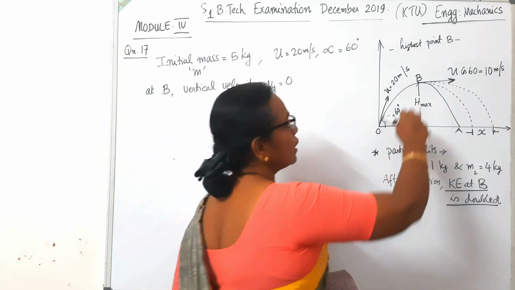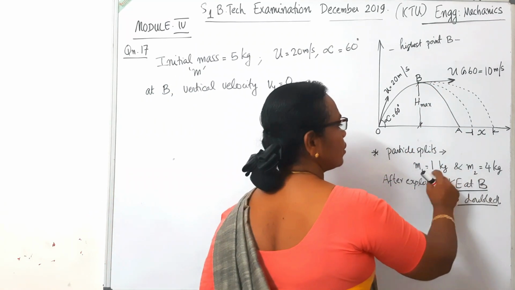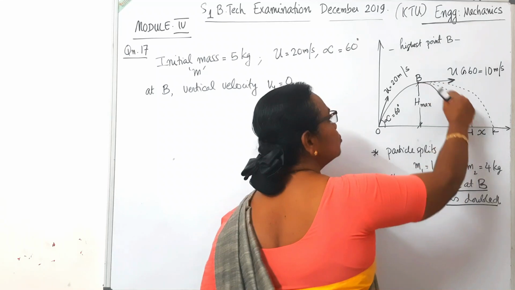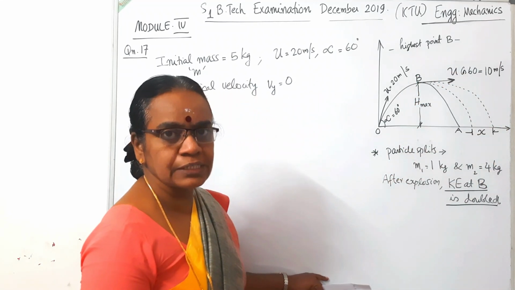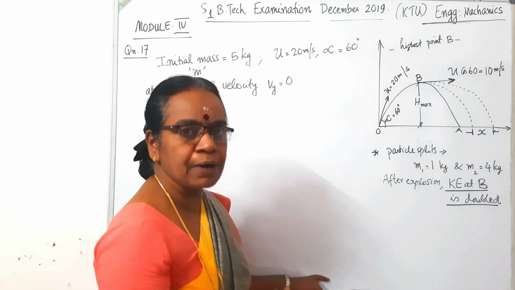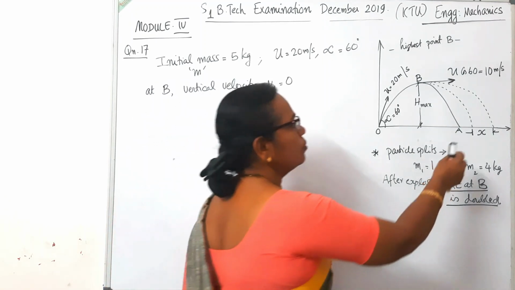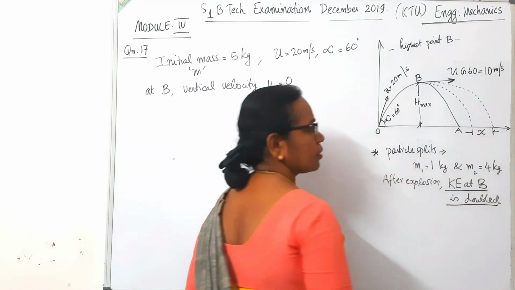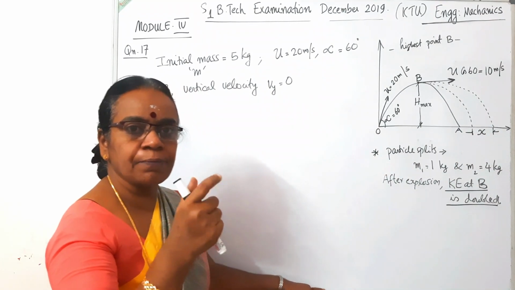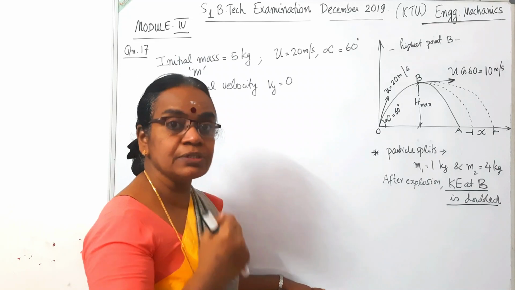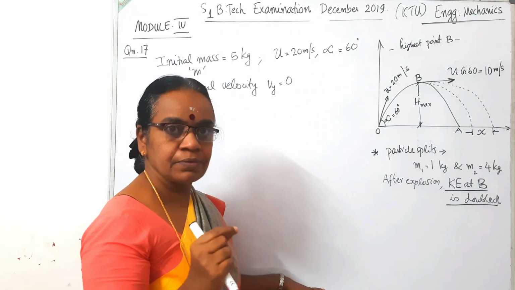Now we are asked to find out, when they are split up into two, 1 kilogram and 4 kilogram, the two particles will move in two different trajectories, or they will have different paths. When they reach the ground, what is the distance between them? That is the question. So you want to find the distance of separation between the two particles if we could get the velocity at that particular time.